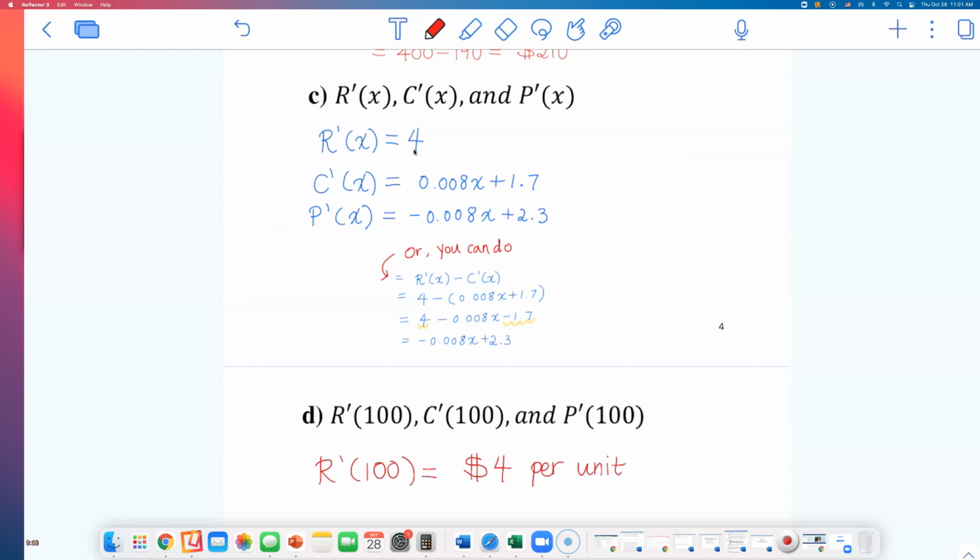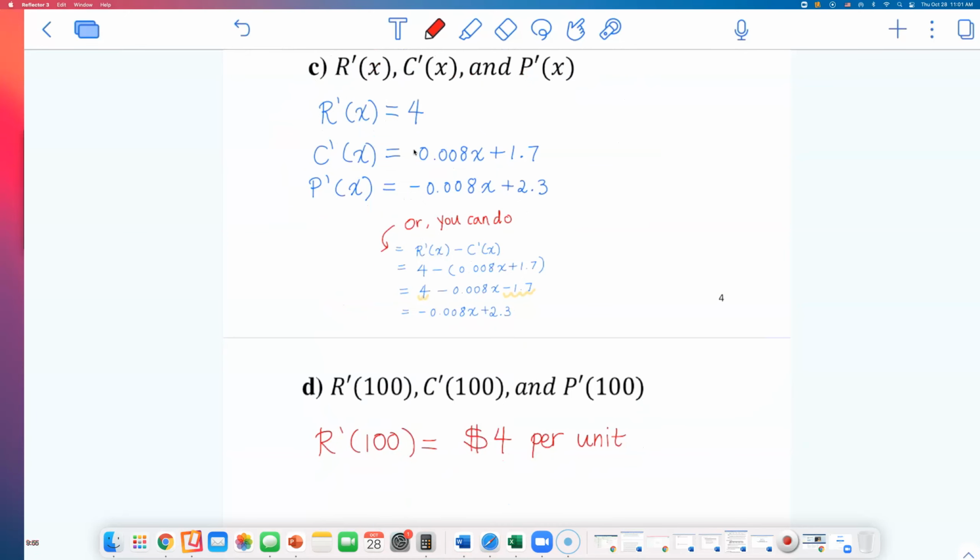I'm just trying to put the unit here, okay? Next, c prime of 100. I'm going to need to plug that into c prime of x. Okay, so what's that going to be? I will get 0.008 times 100 plus 1.7, which is 0.8 plus, hold on, I'm getting a phone call, hold on.